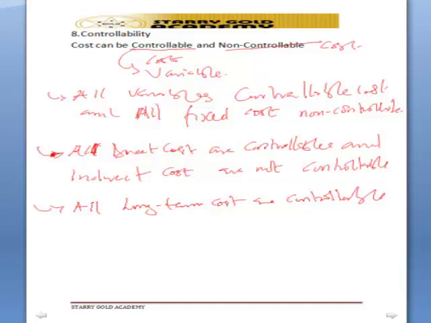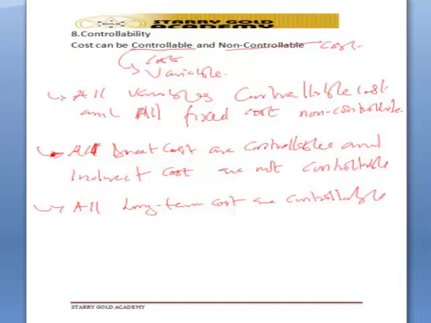If the time period is long enough, all costs can be controlled. Because long term is a period of production that is very long, all long-term costs are controllable. So it's a fallacy.